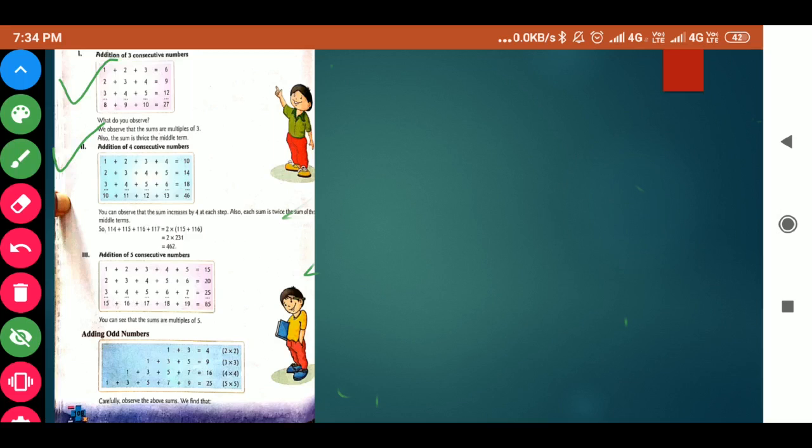Twice means 2 times. We have to multiply by 2. Here the sum is twice the sum of the middle terms. Then the middle terms, from 1, 2, 3 and 4, are 2 and 3. So the sum of 2 and 3.